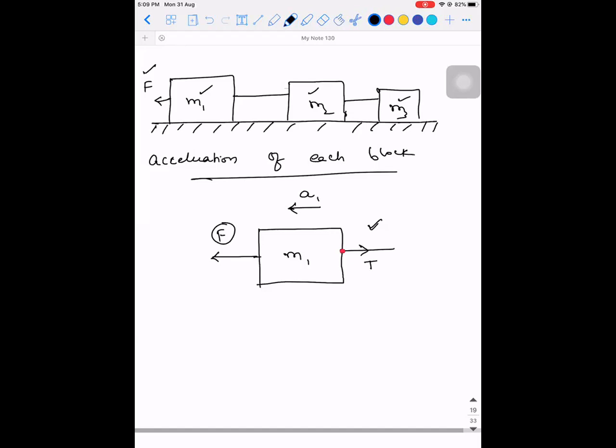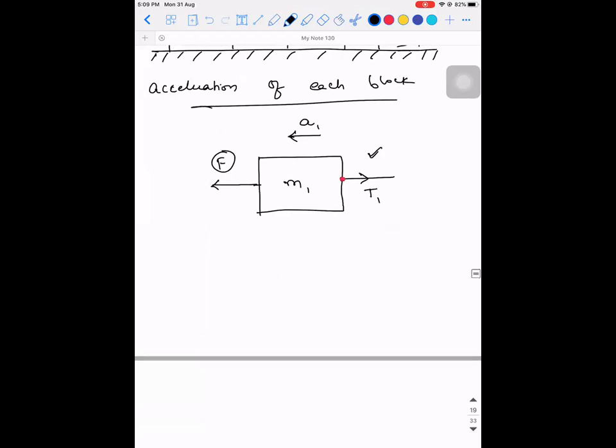If we call this tension T1, then this is going to be the free body diagram of whom? Of M1, in such a way that what is the relation between F, T1 and A1? F minus T1. Why did I write F minus T1? Because they are in the opposite direction.